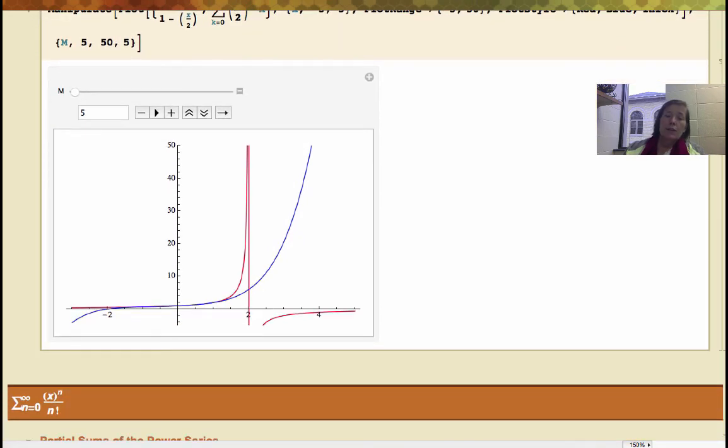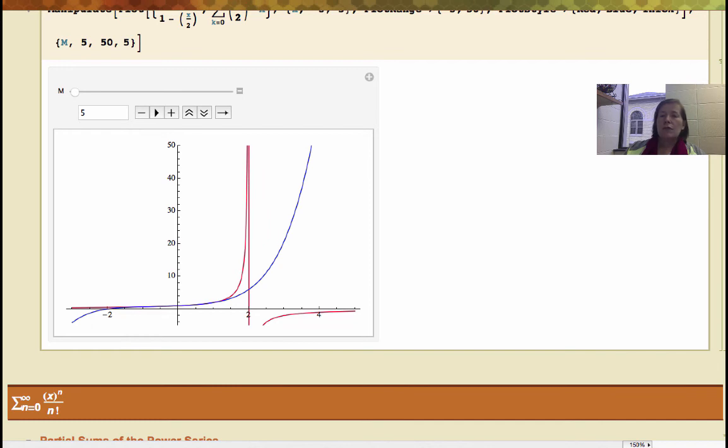Now, it's actually defined outside the interval from minus 2 to 2. For values of x between minus 2 and 2, the graphs of the polynomial shown in blue here should get closer and closer to the graph of 1 over 1 minus x over 2, shown in red here, as m increases.